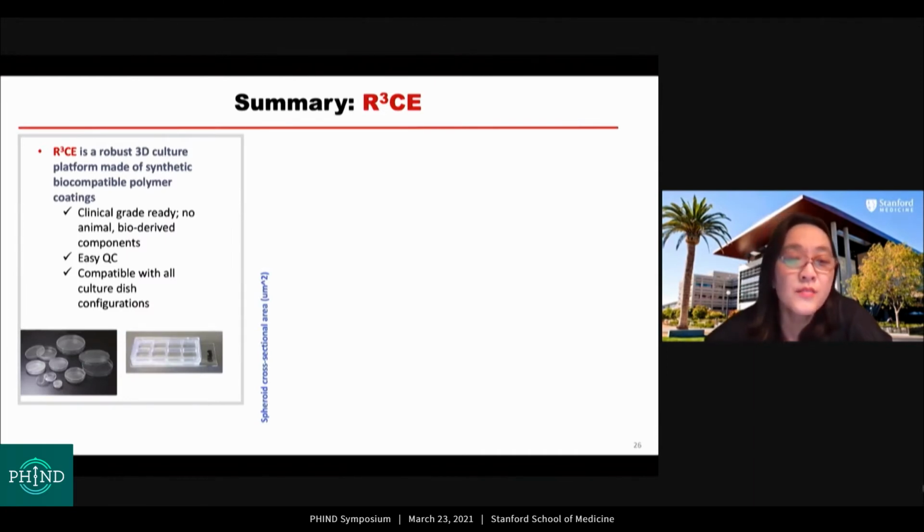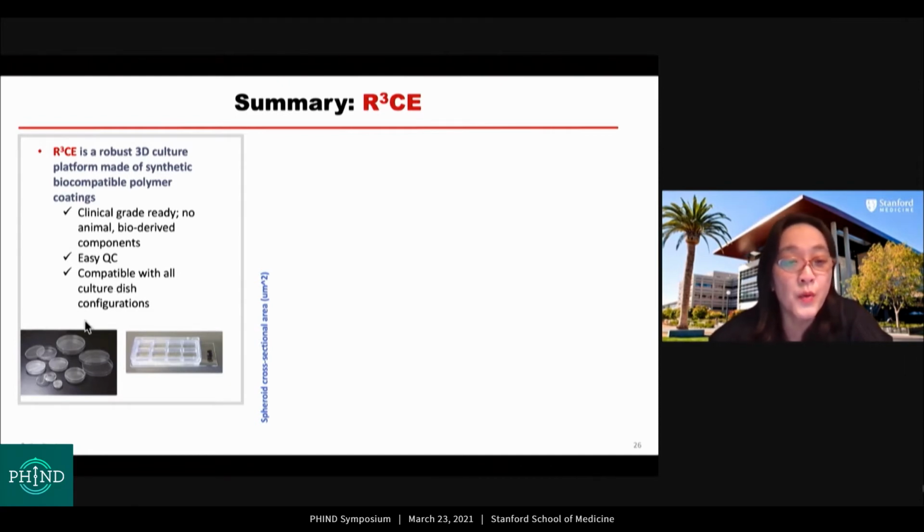So RCE, in summary, is a robust 3D culture platform made of synthetic biocompatible polymer coating. Why synthetic polymers? Obviously, because it's not an animal-derived component, so it's easy QC. And eventually it could be clinically applied for various settings.